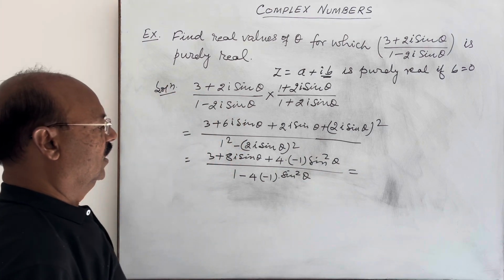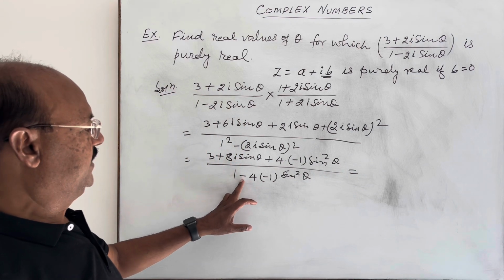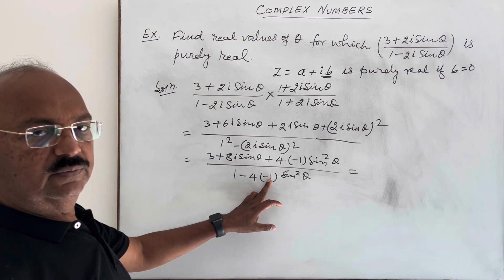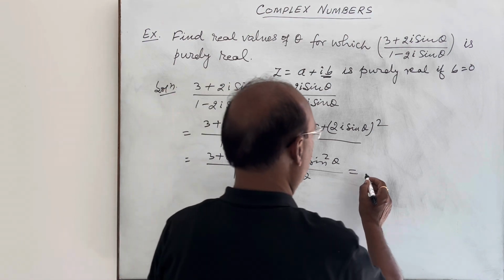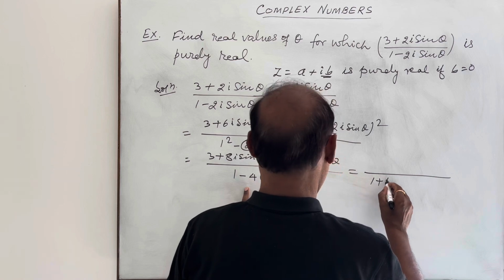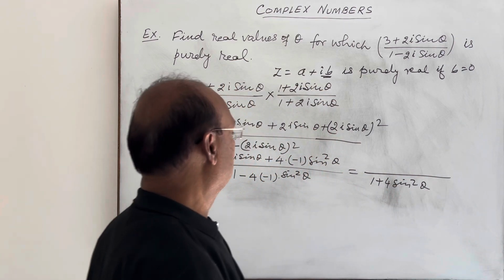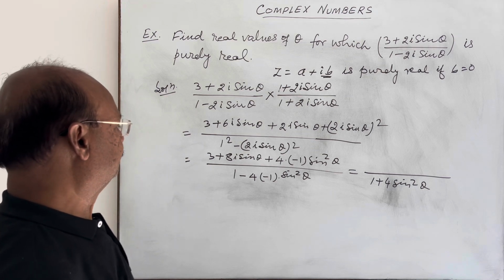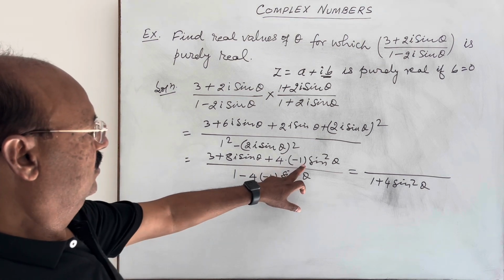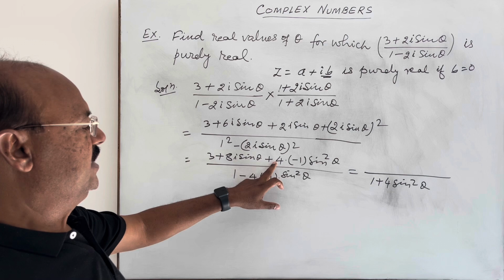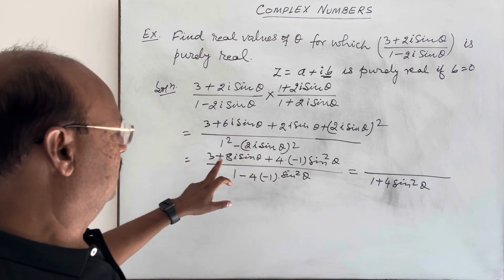Okay. In the denominator, minus 4 into minus 1 is plus 4. So the denominator will be 1 + 4 sin square theta, and in the numerator this will become minus 4 sin square theta.